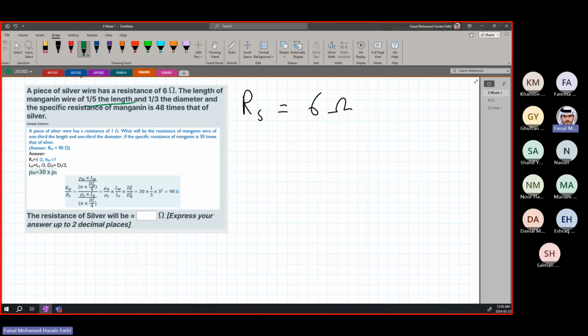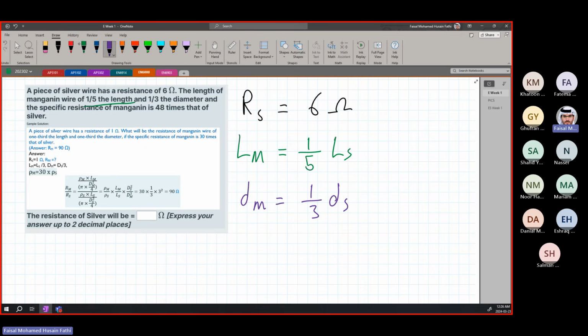So the length of the manganese wire, LM, is equal to 1/5 of the silver wire's length. And the diameter of the manganese wire is 1/3 that of the silver wire. Oh, sorry, the silver diameter.